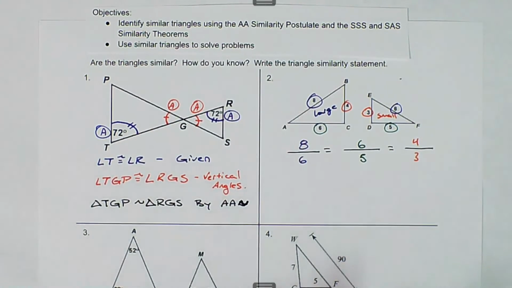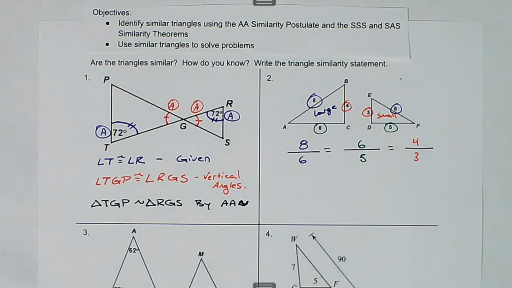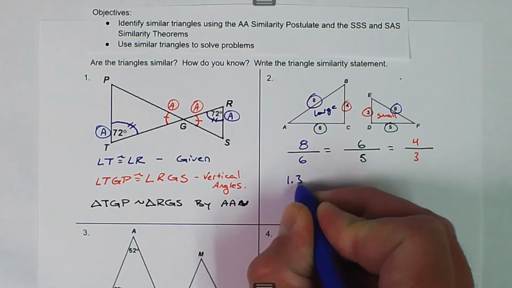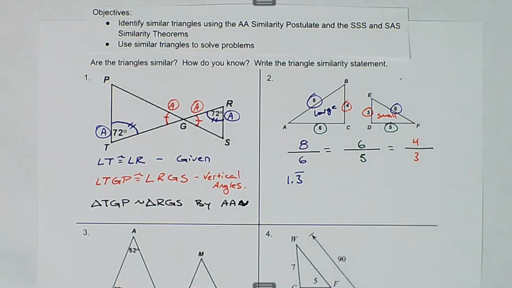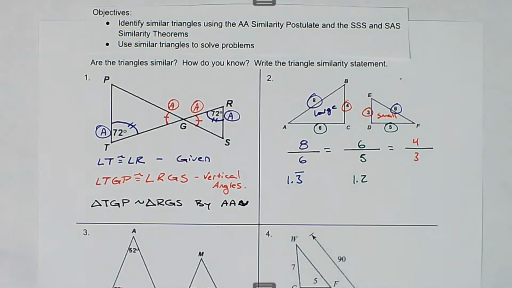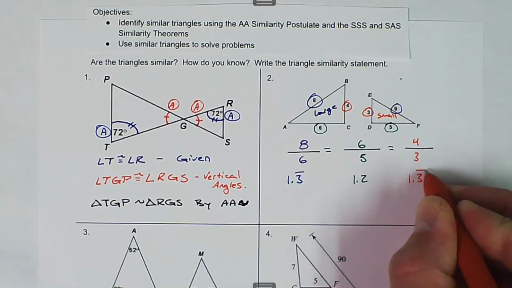We can type this in our calculator: 8 divided by 6 is 1.3 repeating, and 6 divided by 5 is 1.2, and 4 divided by 3 is 1.3 repeating.